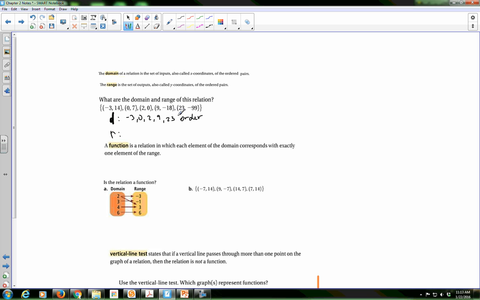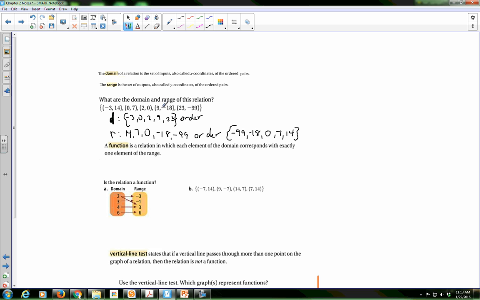All right, so now it's the range, and that's 14, 7, 0, negative 18, negative 99. Now I'm going to put them in order. And I got negative 99 is the smallest, negative 18 is the second smallest, 0, 7, and 14. So this is the range, and this is the domain.